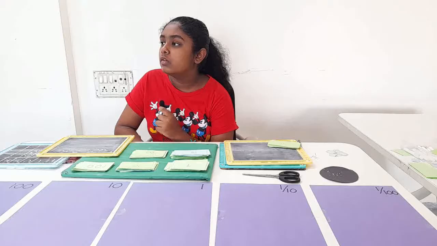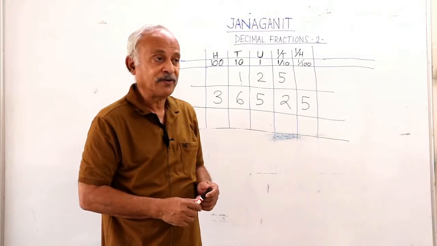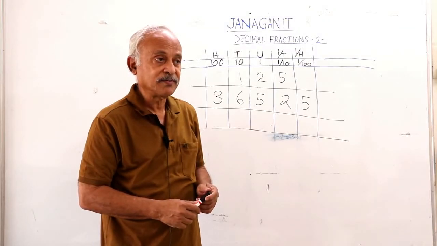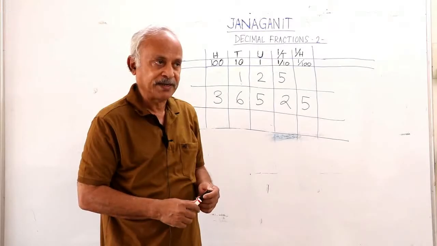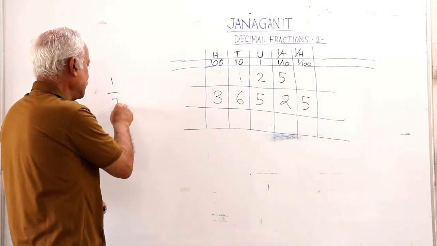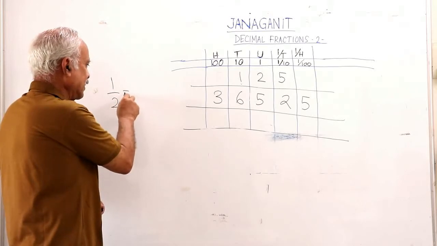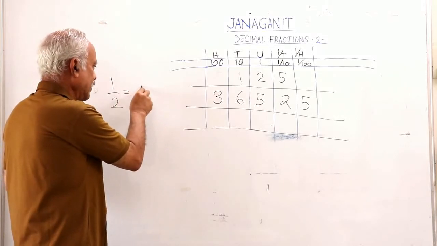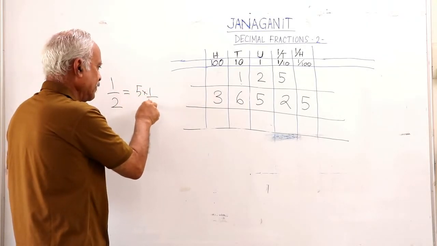You just did it. 5 into 1 by 10. So what you did, you took half and you said that is the same as 5 into 1 by 10.